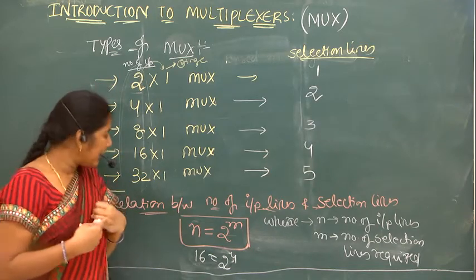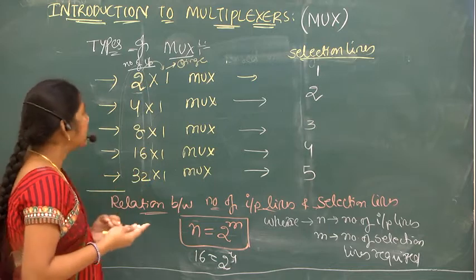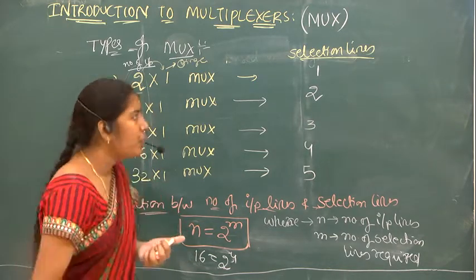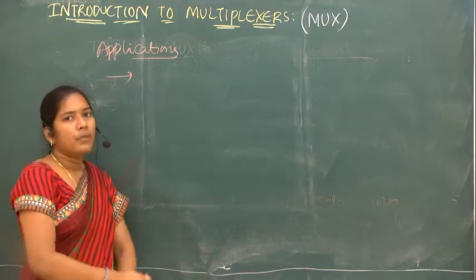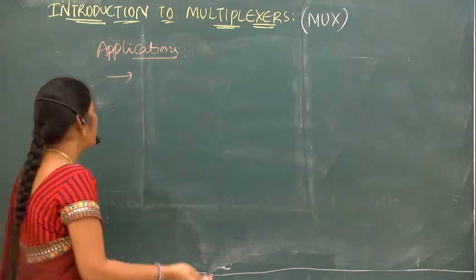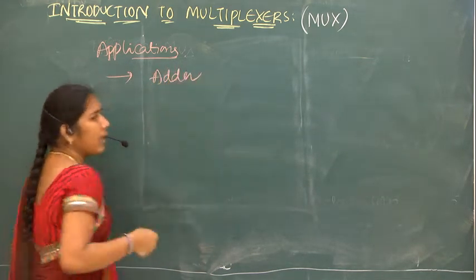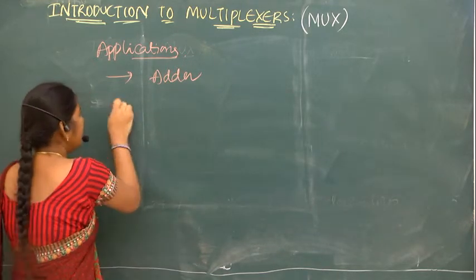Now, till now we came to know what a multiplexer is and what the types of multiplexer are. Now we'll see what the applications of these multiplexers are. By using these multiplexers, we can implement adders. Adder means either a full adder or a half adder.